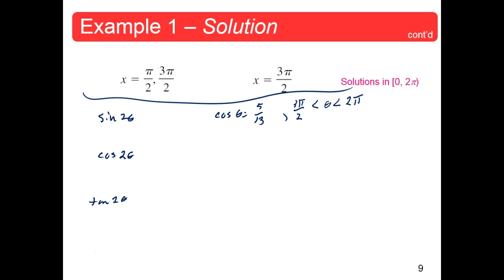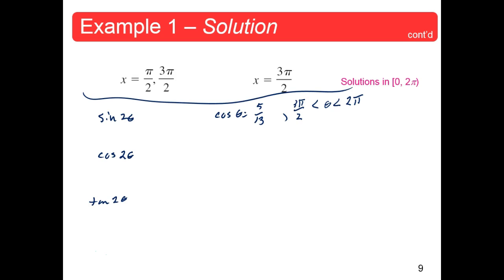The other condition tells you you're between 3 halves pi and 2 pi, the fourth quadrant. So that alone would have told you that, but you needed to know the value as well.